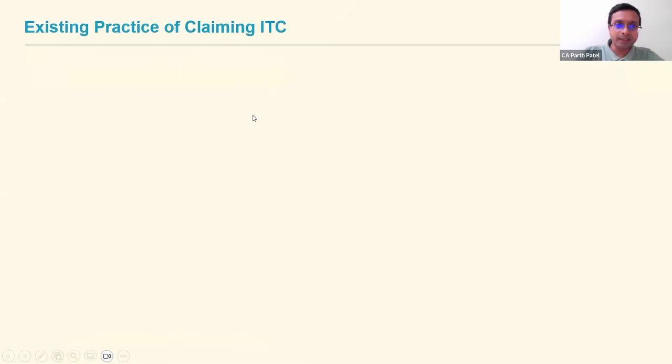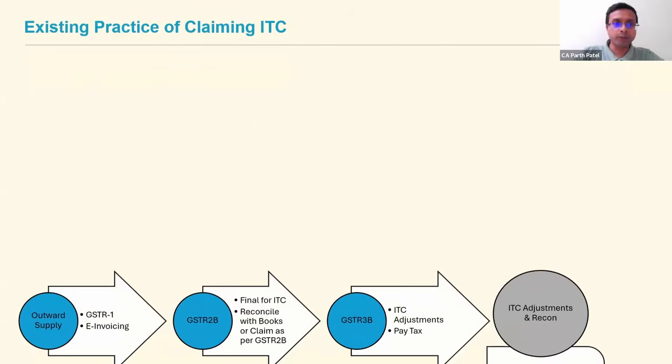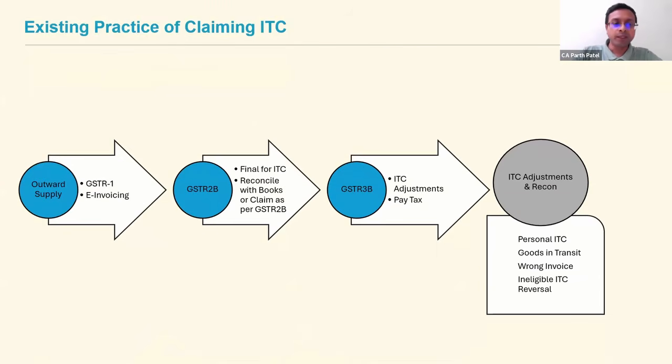So let's understand the existing practice of claiming ITC, how we claim ITC currently without the IMS, because there are hardly 1 or 2% of the total taxpayers who are experiencing IMS. The rest of the taxpayers are not exposed to IMS at the moment, right? So currently, we have GSTR1 and invoicing.